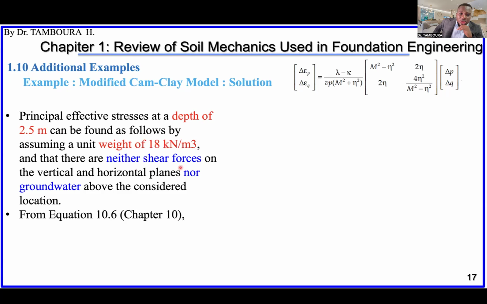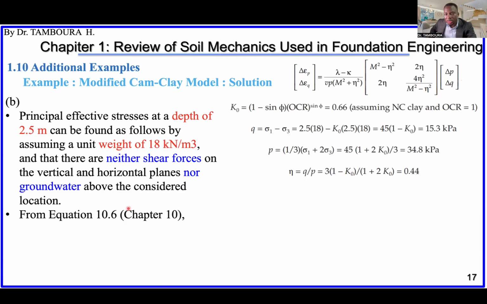So since here we don't consider shear force on the vertical and horizontal plane and no groundwater, we can use this equation to obtain the P and Q. The meaning of this, please listen very carefully. It means that the vertical stress, the soil sample was taken from this depth, 2.5. So vertical stress means the vertical weight of the soil will be taken as sigma 1.